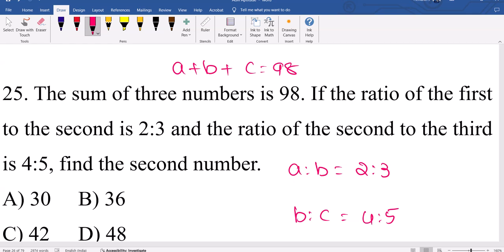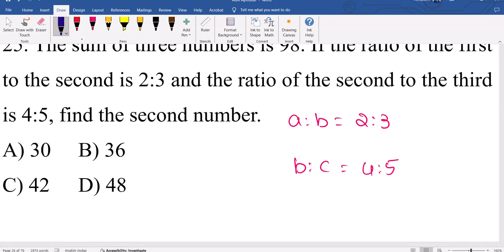Guys, there are a lot of shortcut tricks we have given for joint ratio. Listen. Combining all three, what is the logic? For the first one, multiply the first column, 2 and 4. For the last one, multiply the last column, 3 and 5.